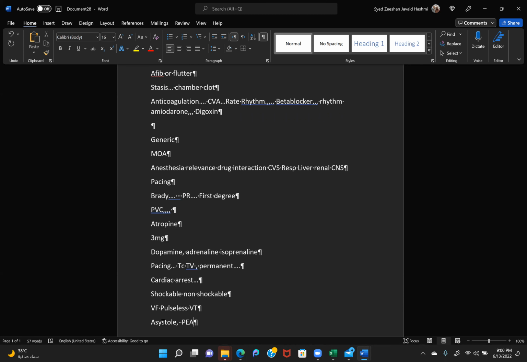pulseless electrical activity. Remember, there will be a rhythm coming on the monitor, and if the BP cuff is set for 5 minutes, maybe it will still show a blood pressure reading, and on the pulse oximeter you may think it is not reading correctly, while the patient may be in PEA.